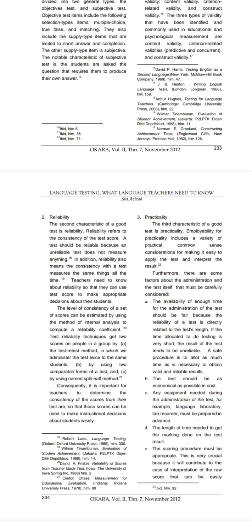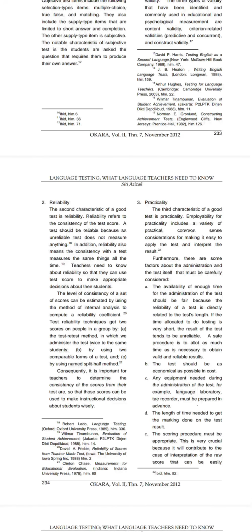Practicality includes a variety of practical, common sense considerations for making it easy to apply the test and interpret the result. Furthermore, there are some factors about the administration and the test itself that must be carefully considered.